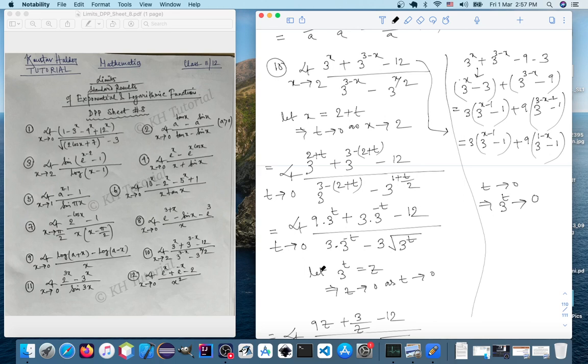We have taken x equals 2 plus t, then t tends to 0 as x tends to 2.